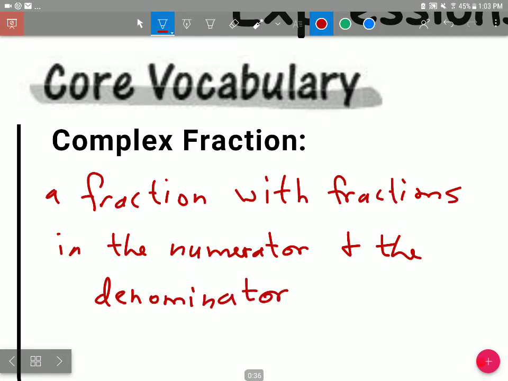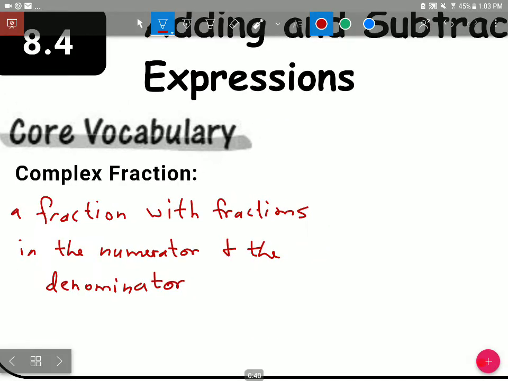It's a fraction with fractions in it. Some of you will look at this and go, "Oh my gosh, this is the culmination of evil." That is an example of a complex fraction. It's actually easier to deal with than you might think.